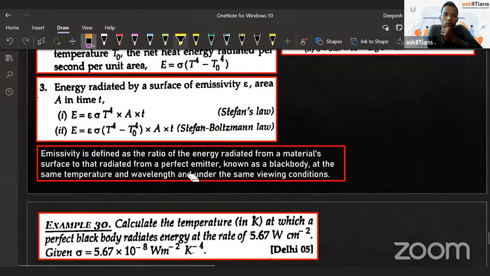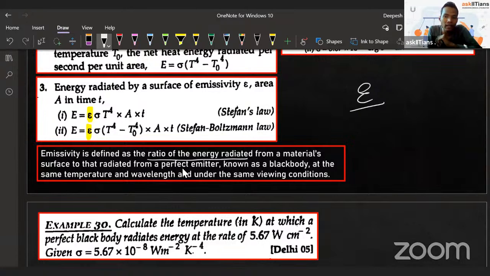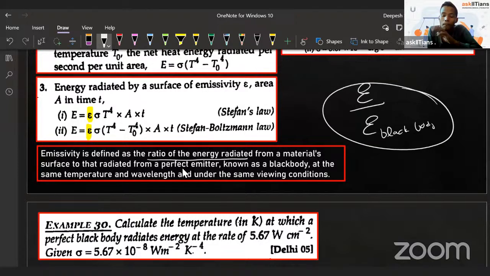And the last thing is this particular formula, which is actually very, very less used. Over here, you will see a word known as emissivity. How will you define emissivity? It is defined as the ratio of energy radiated. You take the energy radiated by the body and compare it with the energy radiated by a perfect body, that is the black body. So the energy radiated by a normal body, let's say any grey body, you are comparing with the black body.